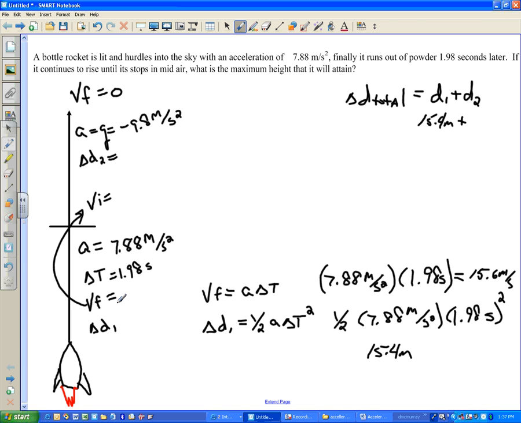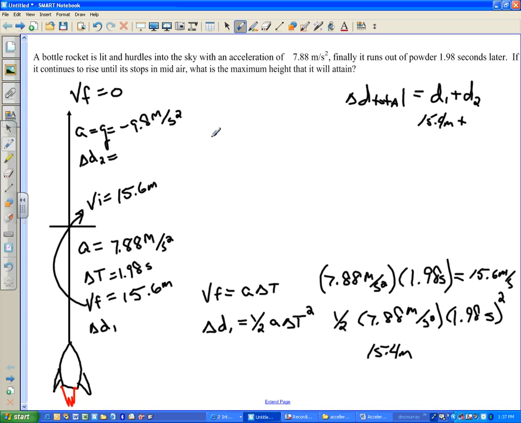Now that VF, which I said was 15.6 meters per second, applies to the second part of the journey as the initial velocity. Knowing this initial velocity, the acceleration and the final velocity allows us to solve for delta D2.